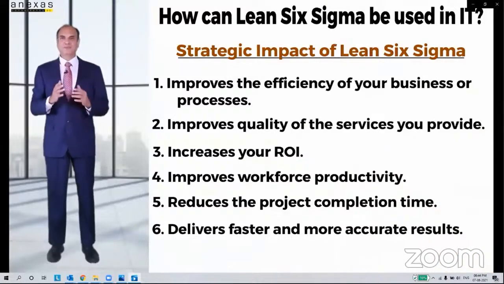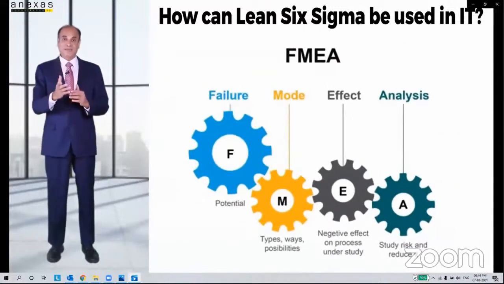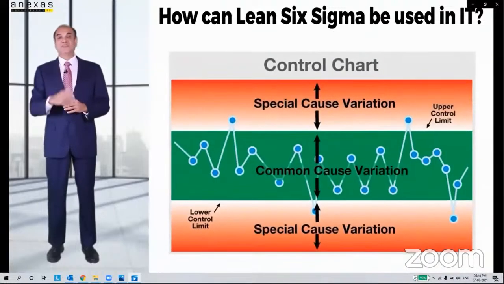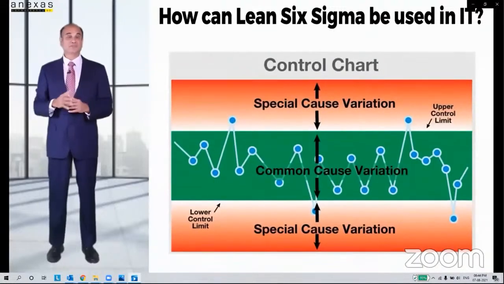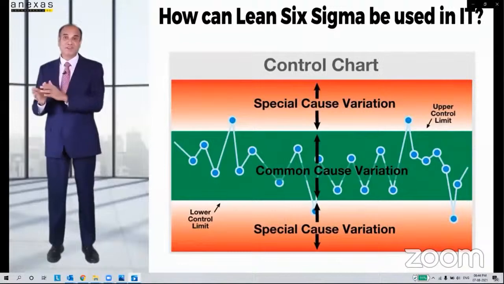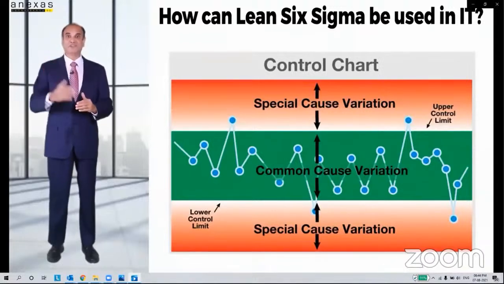To give you examples, some of the tools which have yielded excellent results are use of FMEA. It has resulted in identifying the mistakes and also preventing those mistakes from occurring. Use of control charts have helped many organizations to find the special causes and appropriately take action on it, and then identifying the difference between the common causes and special causes, these organizations have been able to take long-term improvement projects.